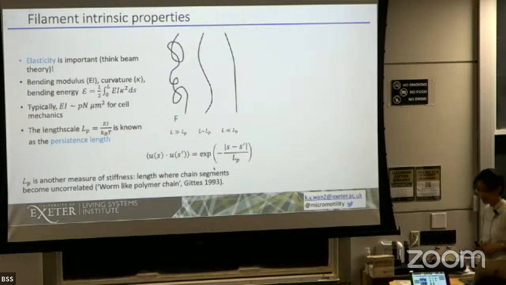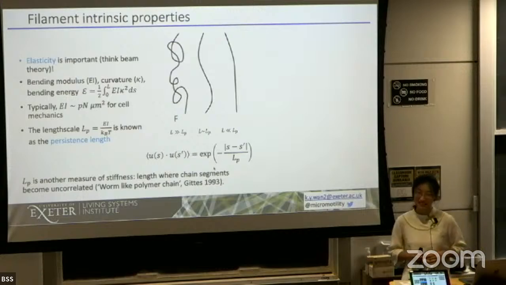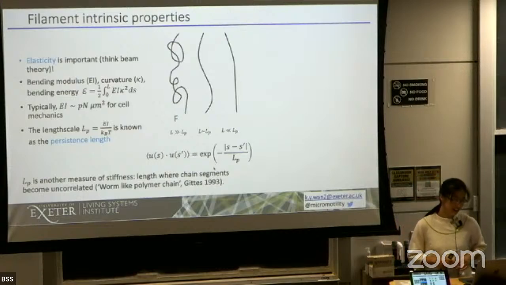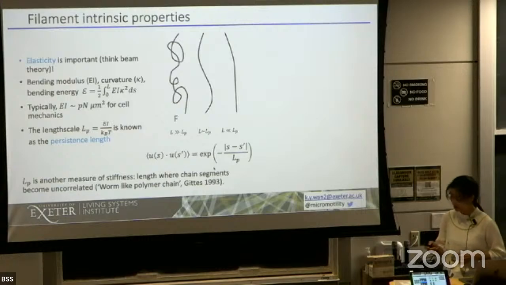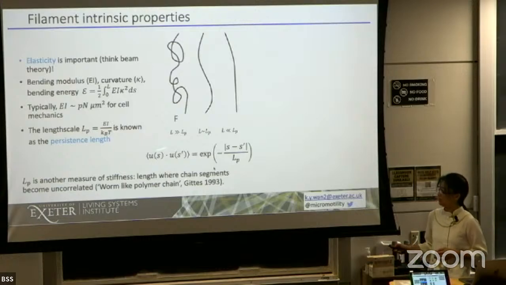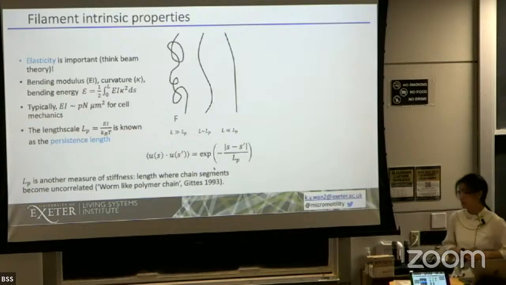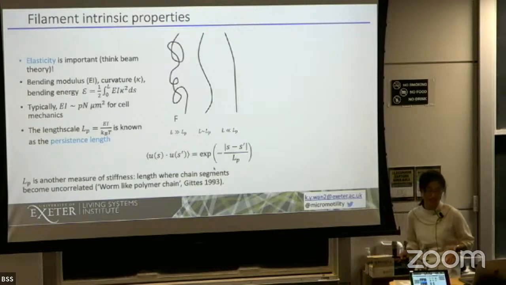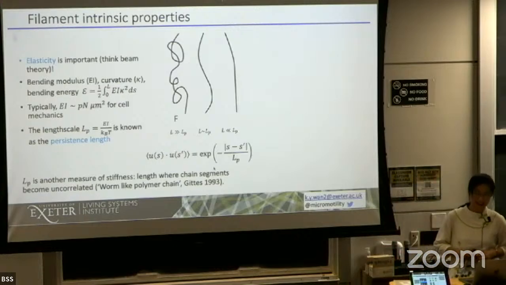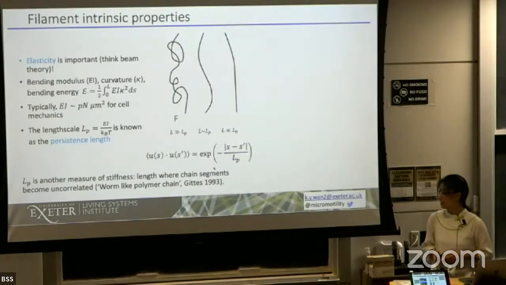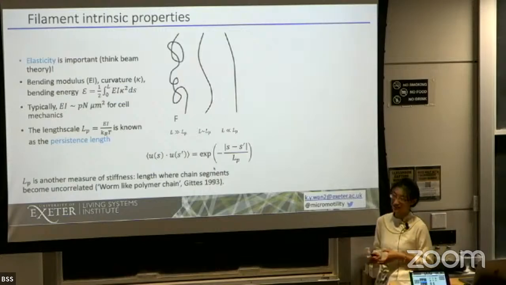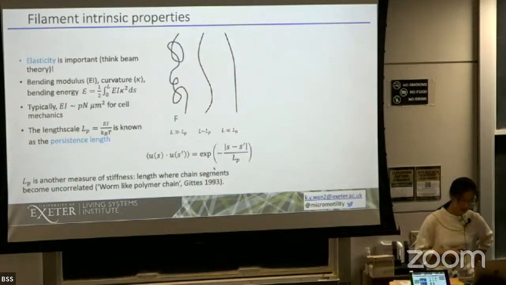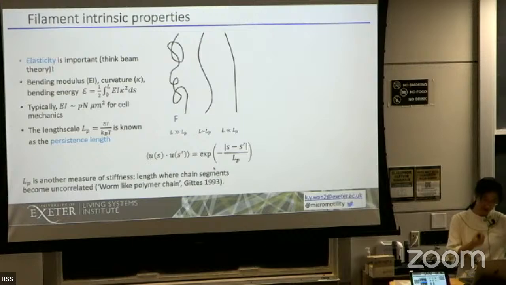So one of these is this idea of a persistence length of filaments, which you can just consider as the ratio of EI, this bending rigidity, to thermal fluctuations. And this ratio has dimensions of a length. You can think of the physical interpretation as at which point, or how long does it take, before these different segments decorrelate from each other.